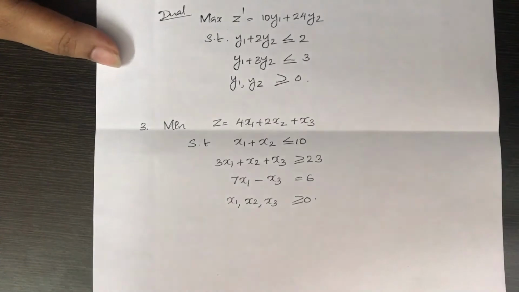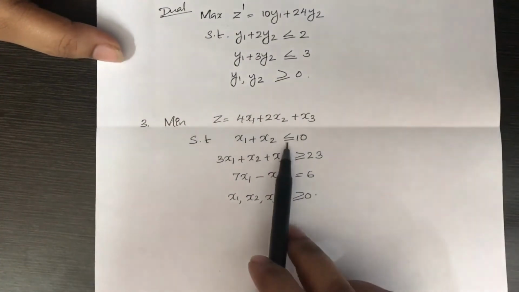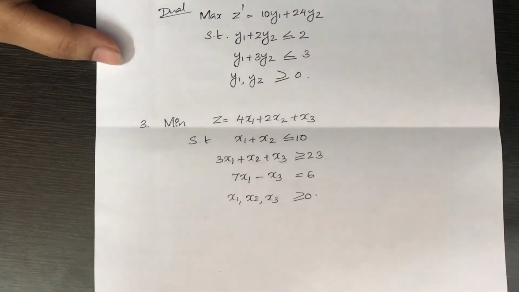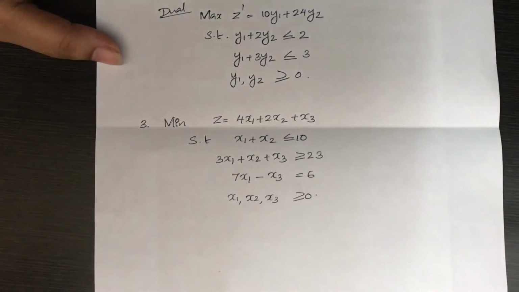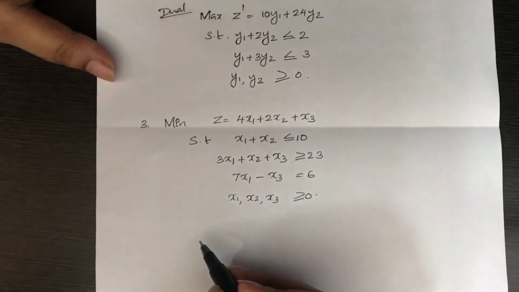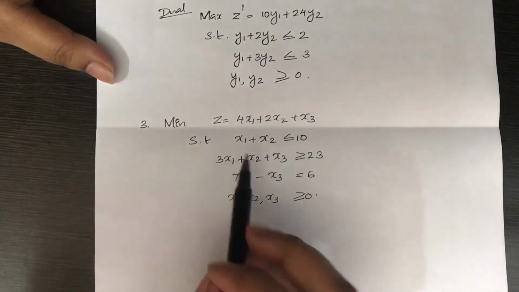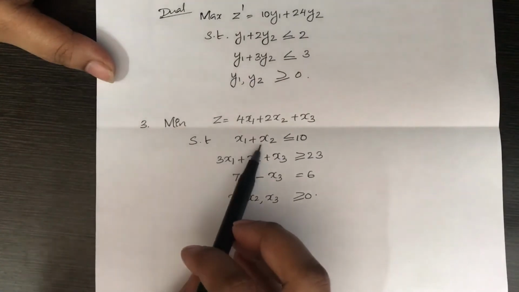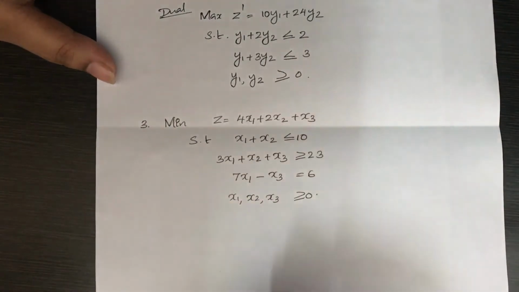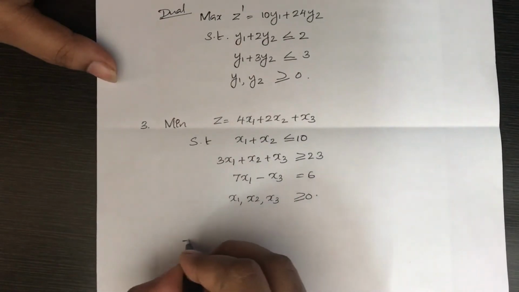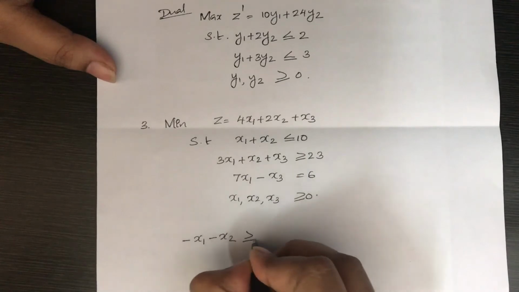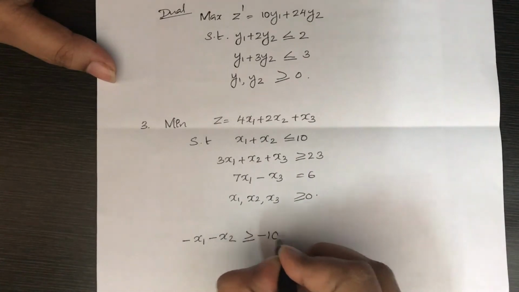So we are going to convert this less than or equal to and this equal to sign into greater than or equal to sign. For that, the first constraint we are going to multiply by a negative sign. Now that is minus x1 minus x2 greater than or equal to minus 10. So the first constraint becomes minus x1 minus x2 greater than or equal to minus 10.